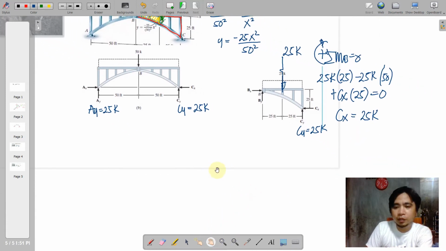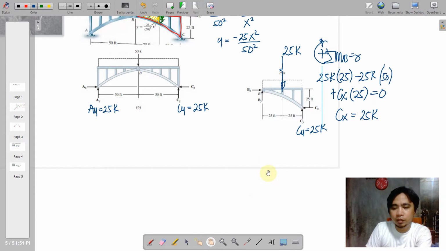Okay, by summation of forces horizontal, we can just say that BX is also equal to CX, and that is actually 25 kips or 25,000 pounds.